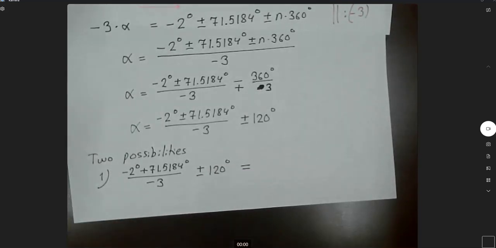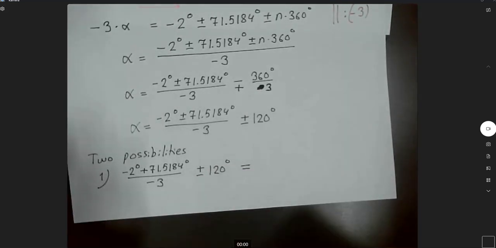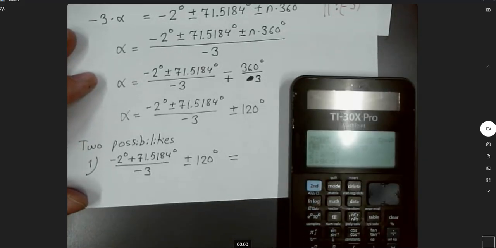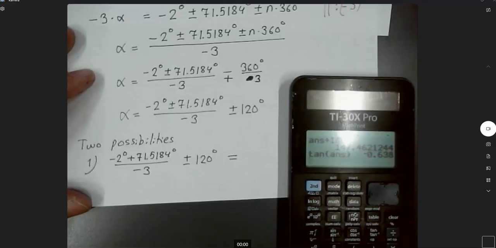And now I will calculate that. Minus 2 plus 21.84 divided by 3, oh, sorry, minus 3.